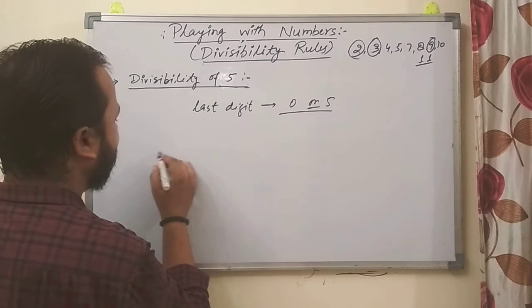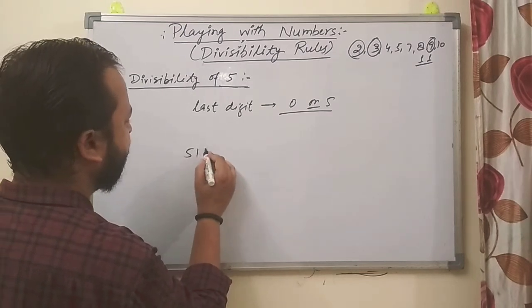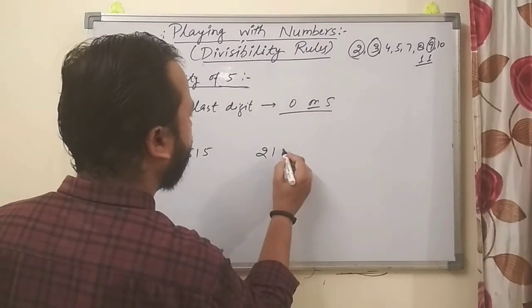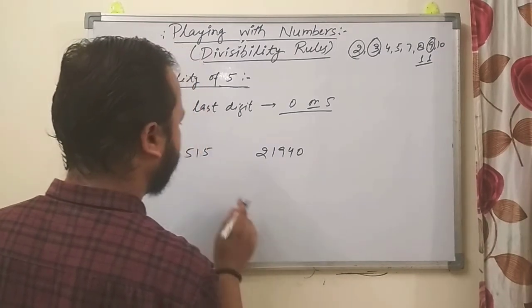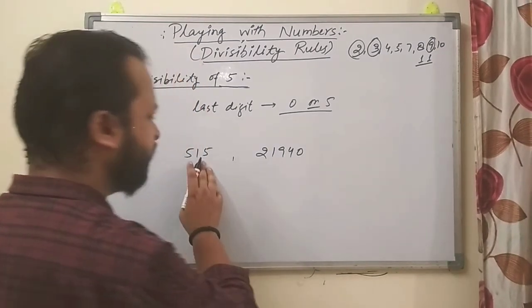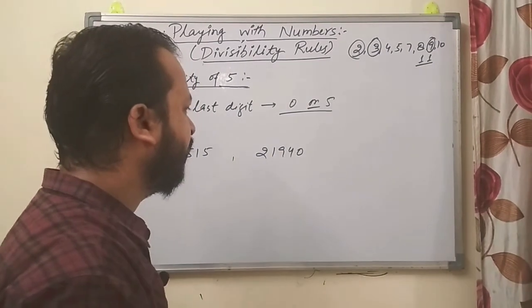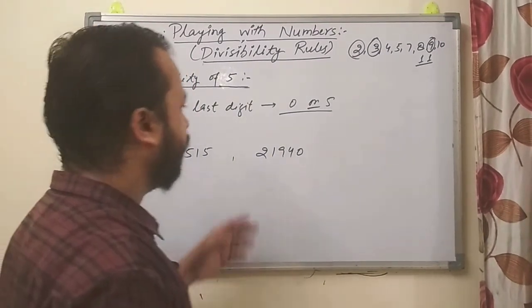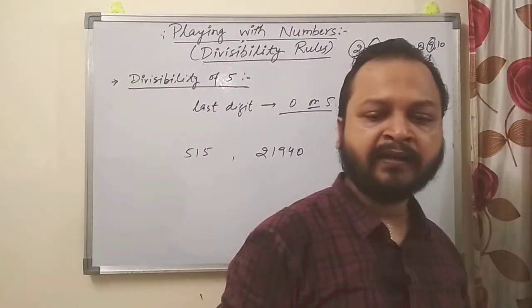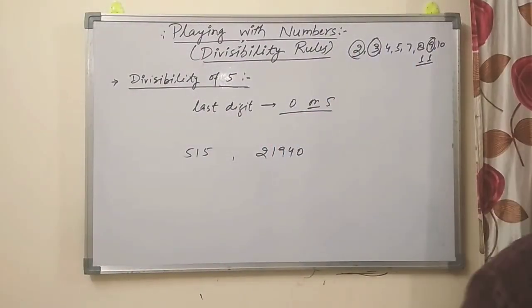You can take an example, suppose 515 or 21940. Here the unit digit is 5, and here the unit digit is 0. So this is the divisibility of 5.